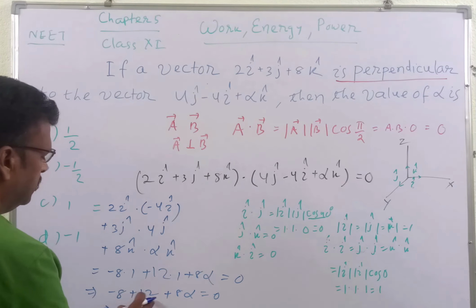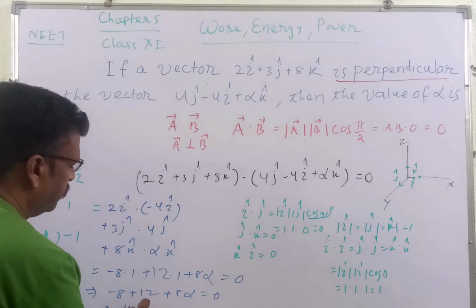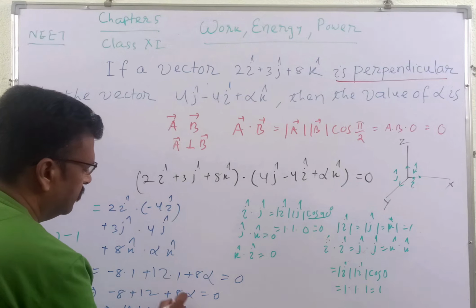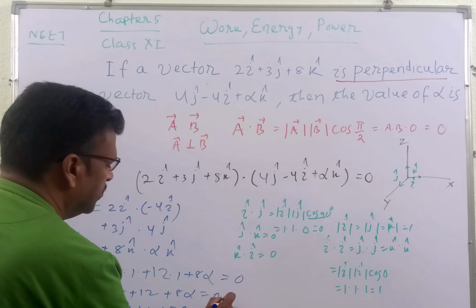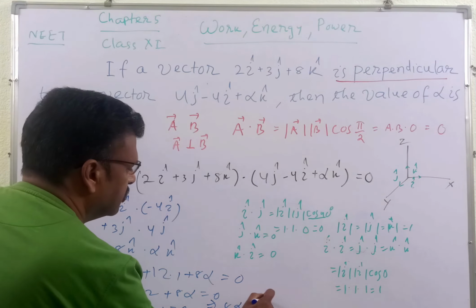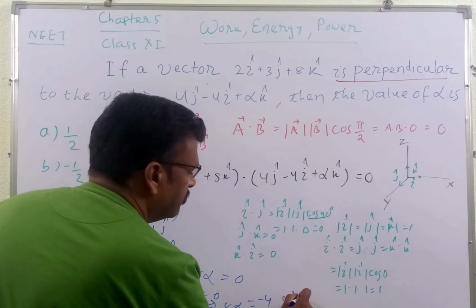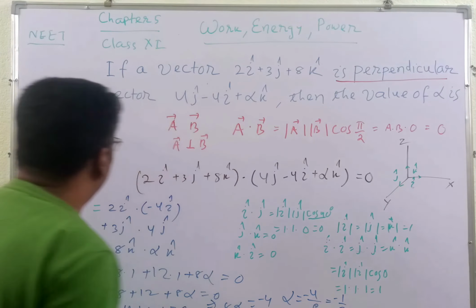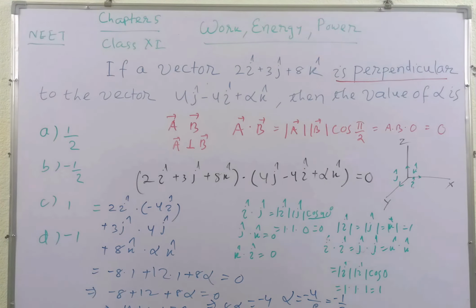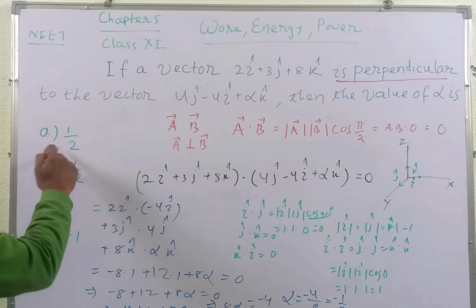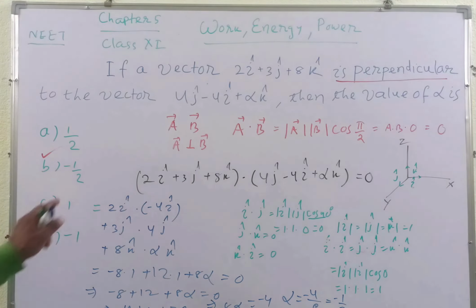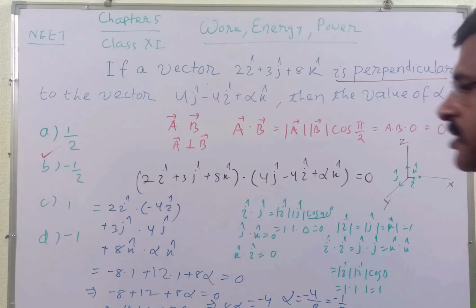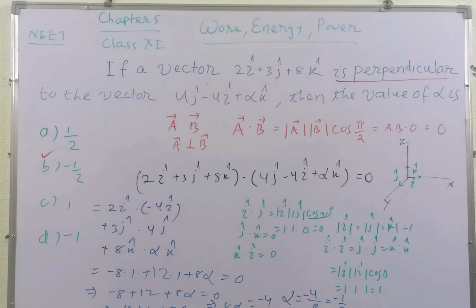That means 12 minus 8 is equal to 4, plus 8 alpha is equal to 0, which implies 8 alpha is equal to minus 4, or alpha is equal to minus 4 by 8, that is equal to minus 1 by 2. Where is it, students? That is in option B. So the value of alpha is equal to minus 1 by 2 if the vectors are perpendicular to each other.